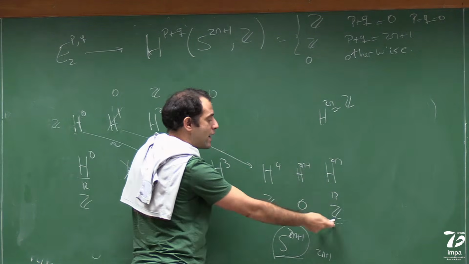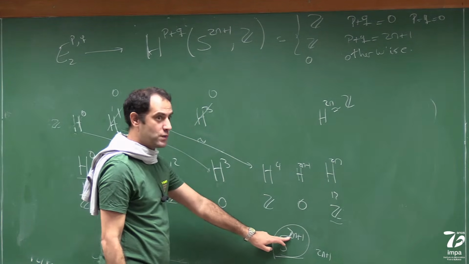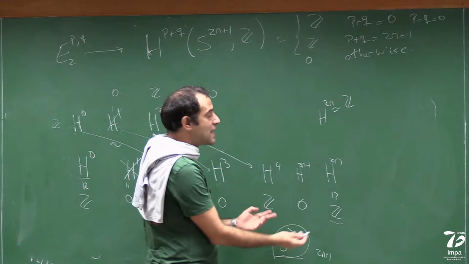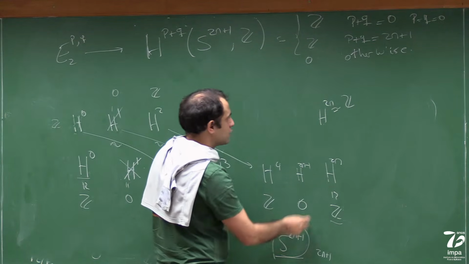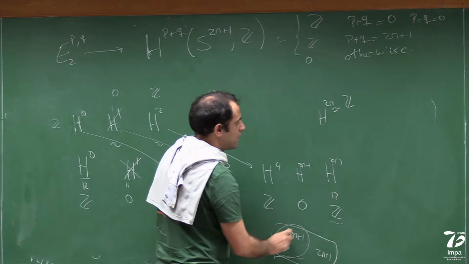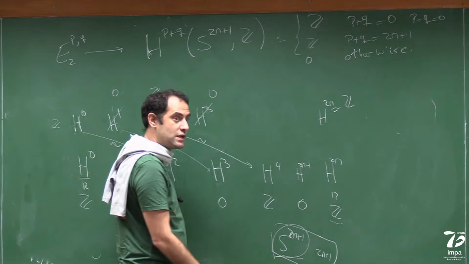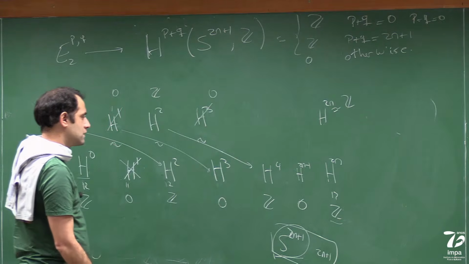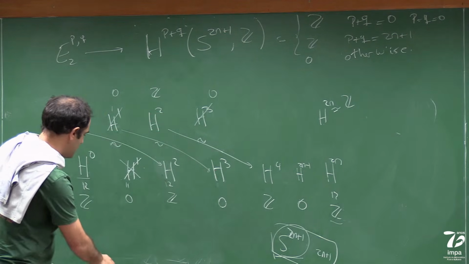If this is in degree 2n for CPN, this is in degree 2n plus 1 for S2n plus 1. And then there's nothing else that could happen. So this contributes to the top homology of this sphere, and then everything else has to be 0, because this one doesn't have any homology in higher degree. Okay, so that's why we get this Z, 0, Z, and in this top homology we get the same.